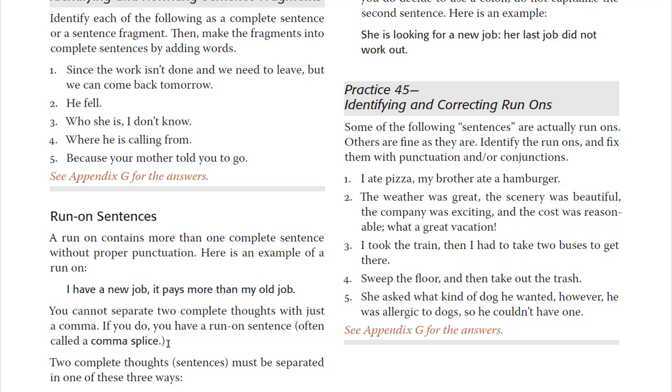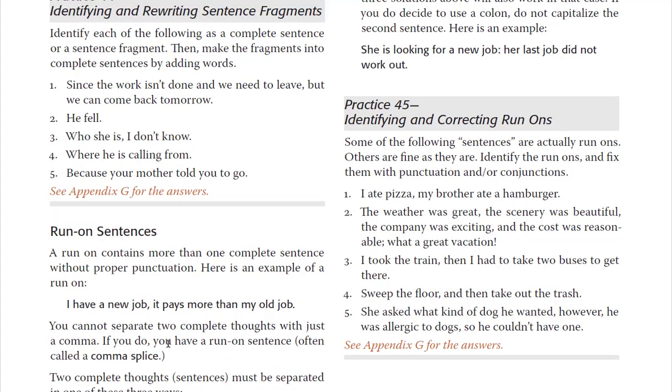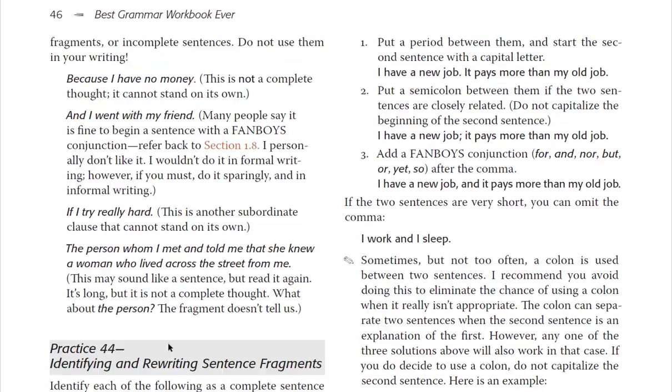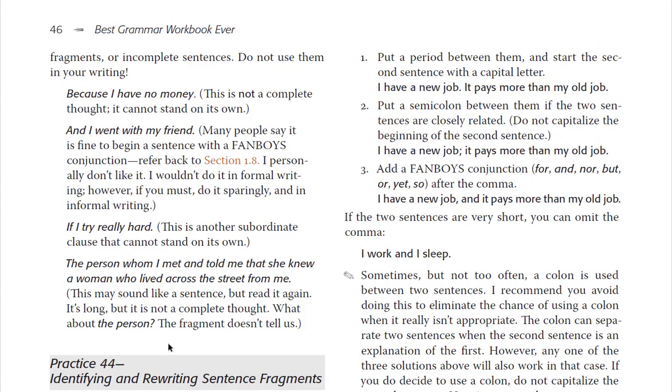2 complete sentences must be separated in one of 3 ways. Put a period between them and start the second sentence with a capital letter. I have a new job. It pays more than my old job. Put a semicolon between them if the 2 sentences are closely related. Do not capitalize the beginning of the second sentence.